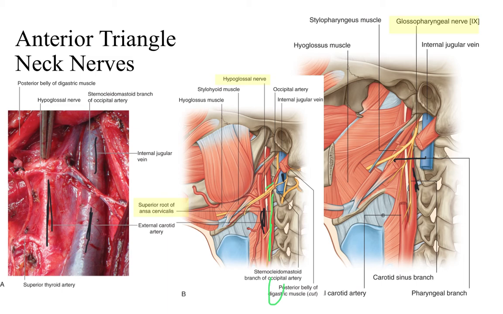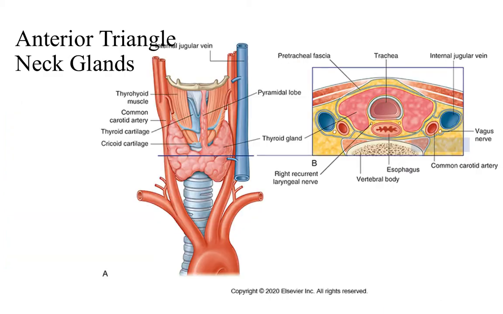Here we see the hypoglossal nerve, and then the anterior ramus from C1 running along with it. And remember, that is going to go to the muscle in the anterior neck, the thyrohyoid. And then we also have cranial nerve 9, the glossopharyngeal nerve, coming out here and sending off branches to various parts of the neck.